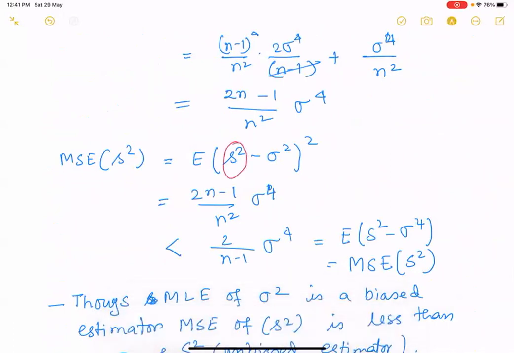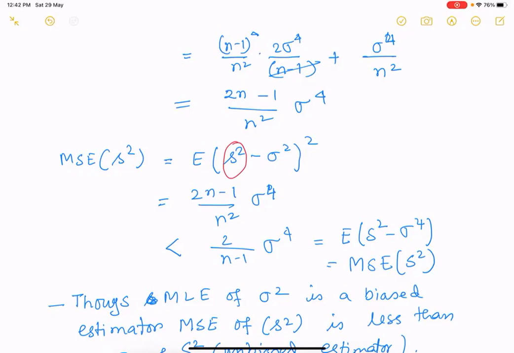Like this one, there is a maximum likelihood estimator whose mean square error is less than the unbiased estimator. It is a little bit underestimating, but overall the mean square error is less than the unbiased estimator.